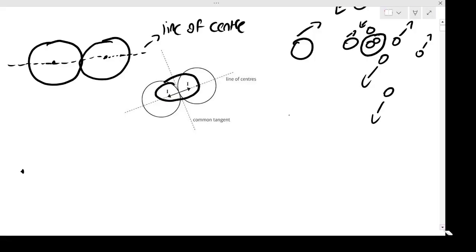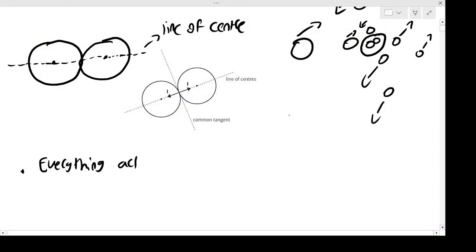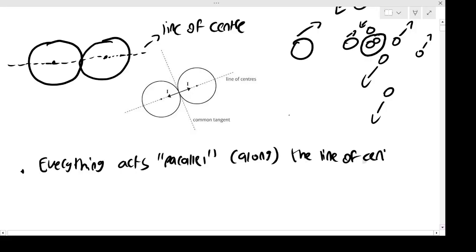So everything acts along the line of centers. That includes momentum, restitution, and impulse.